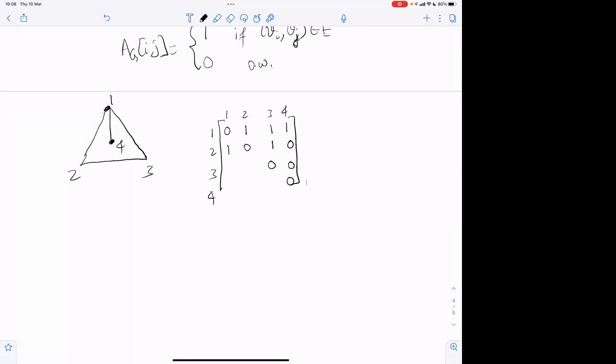So this is a matrix, and we can quickly fill it by symmetry. So now this is an adjacency matrix.